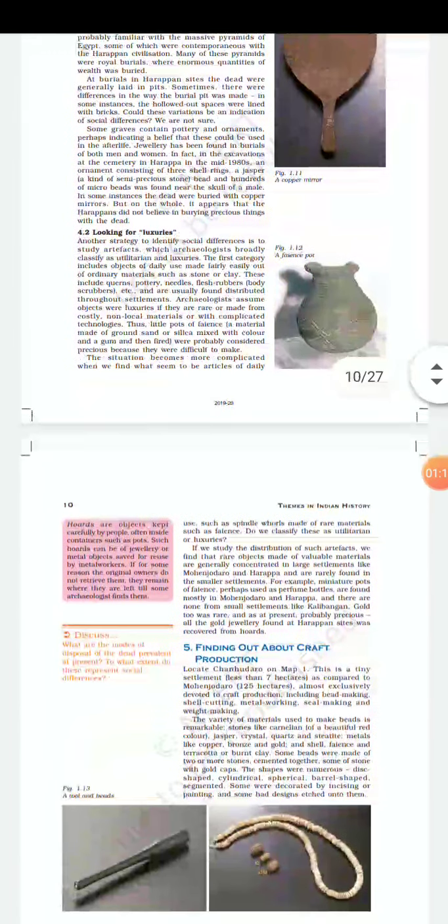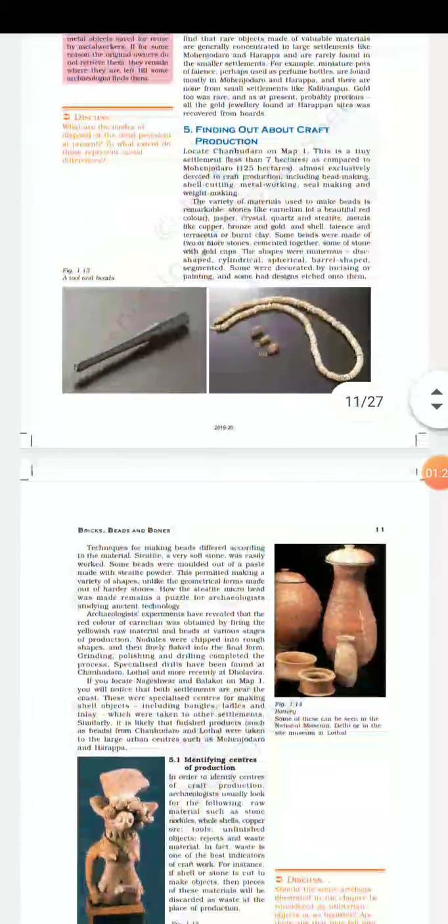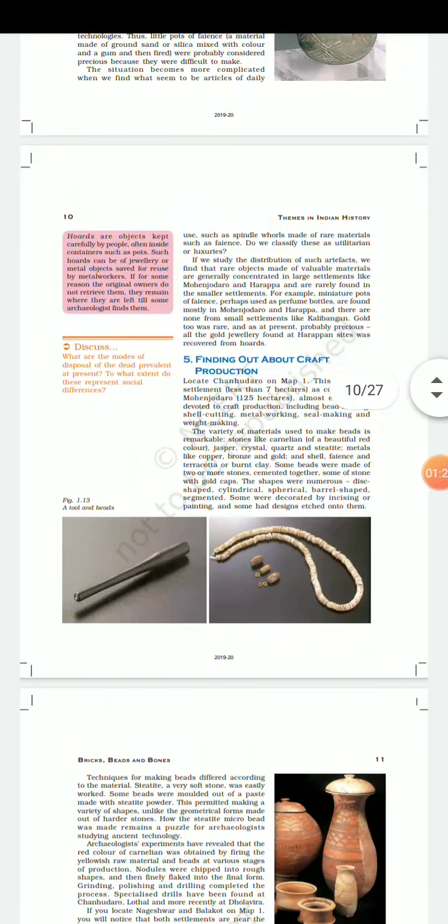We had started to study the bead industry of Chanhudaro. In Google Classroom today I asked what the area of Chanhudaro is, but you were not able to reply. The correct answer is approximately 7 hectares.